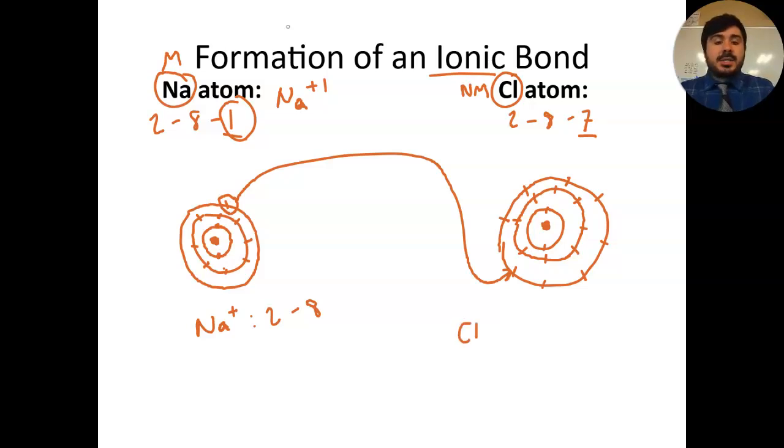Because Cl has now gained 1 electron, and the gaining of an electron is dictated by the minus sign in an ion, right? The new configuration goes from 2-8-7 to now 2-8-8, because now it has an 8th valence electron in the outermost energy level, okay? And that kind of shows you the formation of an ionic bond here, right? Using Bohr models as an explanation, okay?